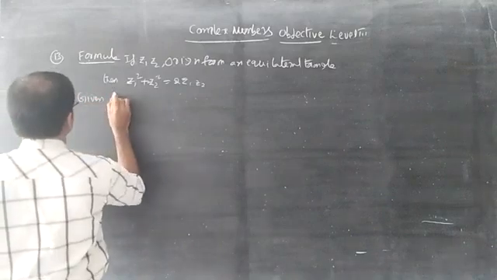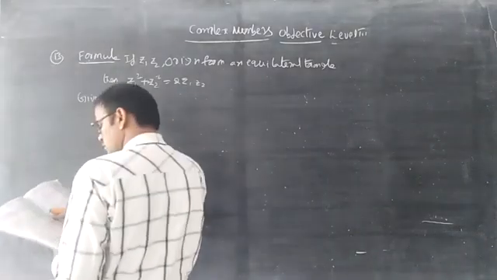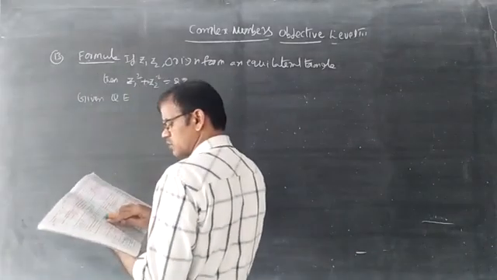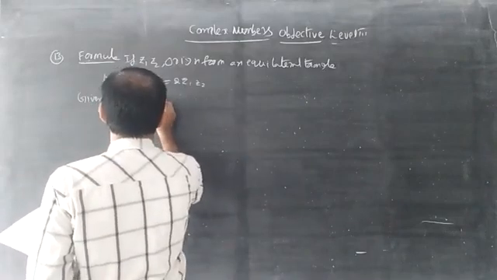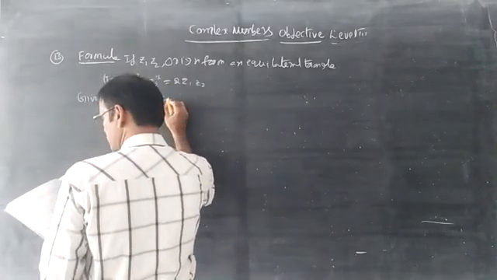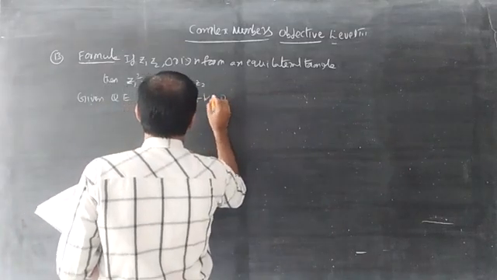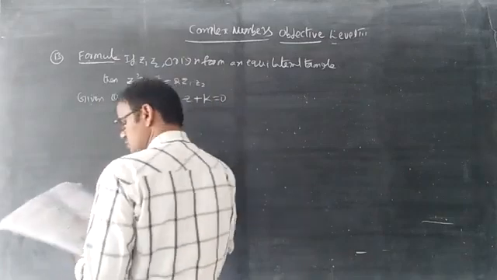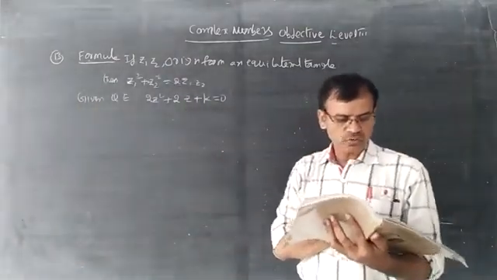QE means quadratic equation, for the 13th question. One vertex of an equilateral triangle is the origin and the other two vertices are given by the quadratic equation 2z² + 2z + k = 0.